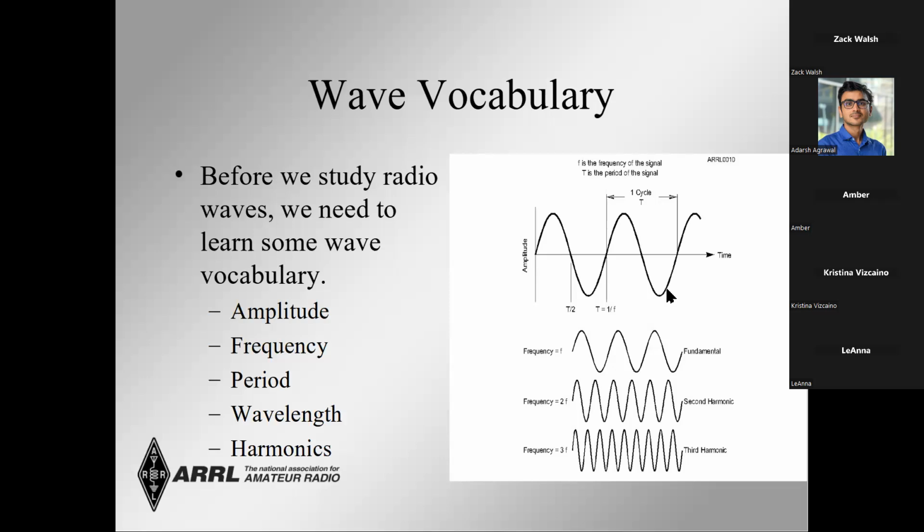Our common household current here in the U.S., the frequency at which the power comes into your house is 60 hertz or 60 cycles per second. When you start talking about radio waves, they go much higher in frequency.